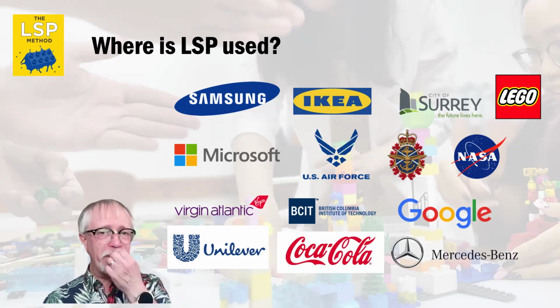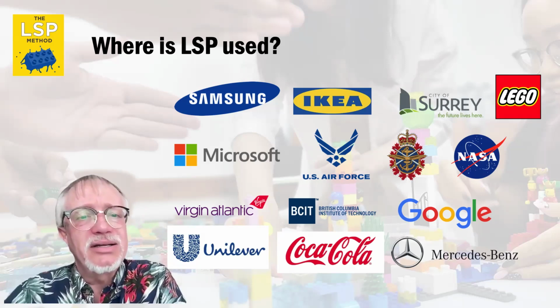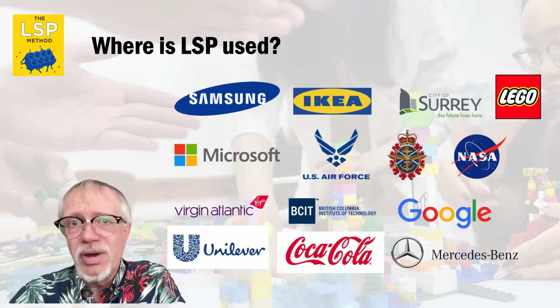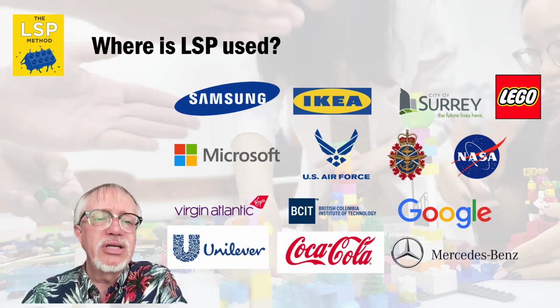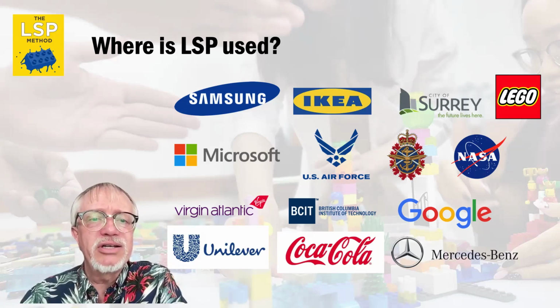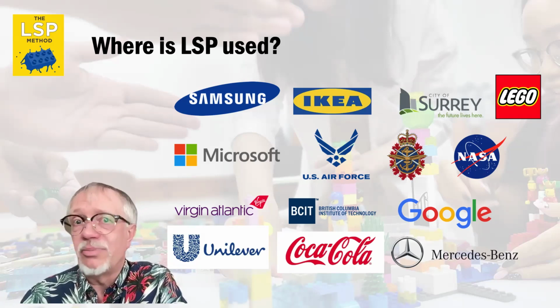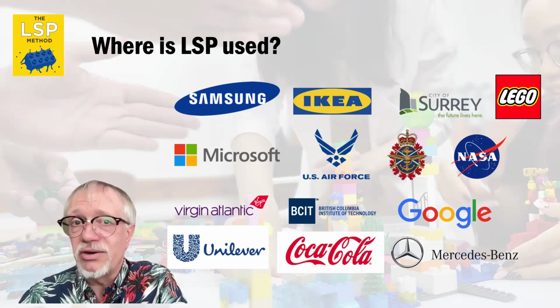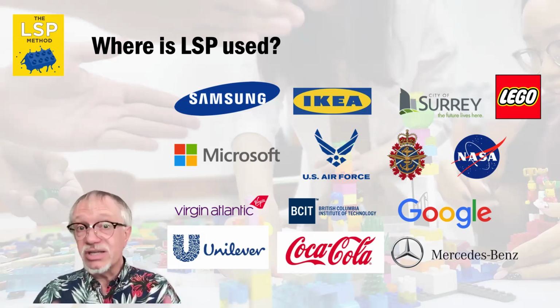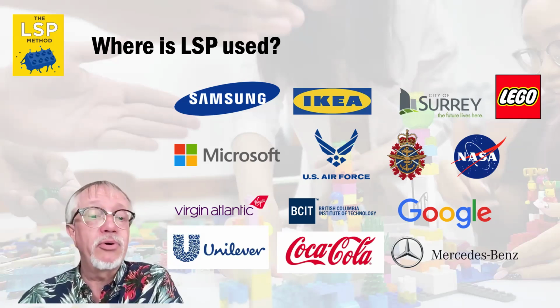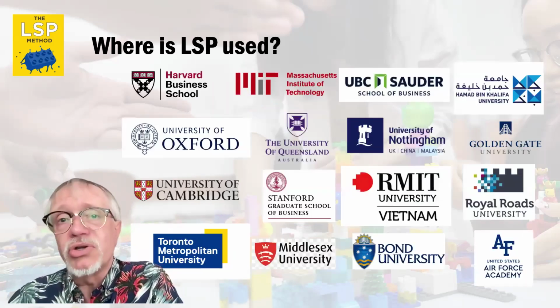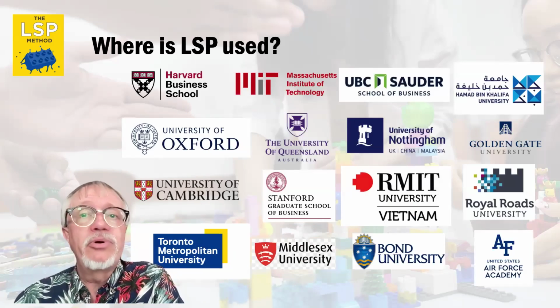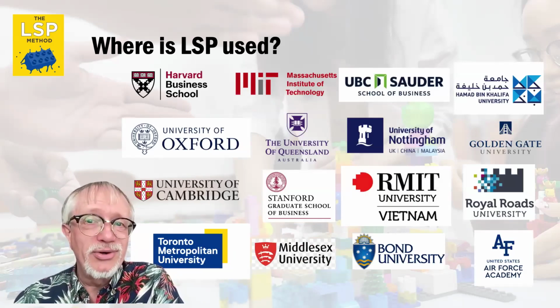But as you can see from some of these logos, a lot of major companies and major organizations are using this, and the military in a number of countries. I know, aside from the States, it's used here in Canada, but it's also used in Singapore, where the military are using it. It's also used in a number of educational institutions around the world.